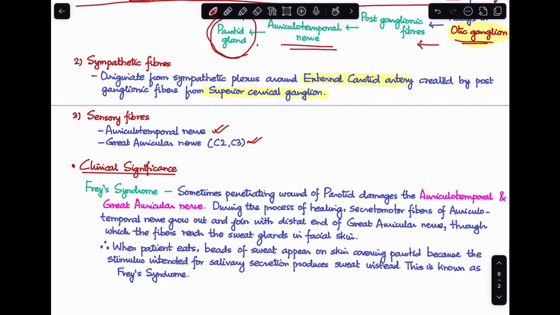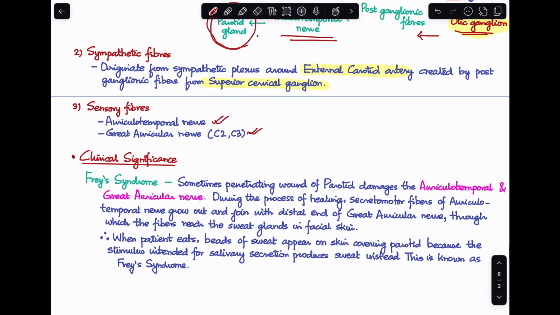And what is the importance of this nerve supply? The clinical significance of knowing this nerve supply is a condition known as Frey syndrome. Now, what is Frey syndrome? Sometimes there can be a penetrating wound to the parotid. This penetrating wound can end up damaging the auriculotemporal nerve and the great auricular nerve. We have already spoken previously about how these nerves are related to the different areas in the parotid gland.